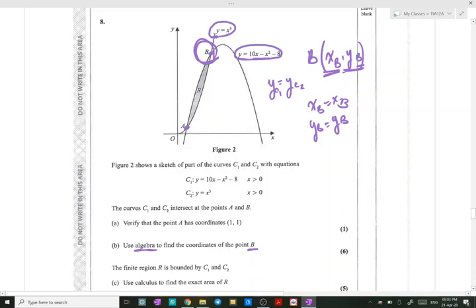It's the same concept as in part A, how we proved that A has (1, 1) for its coordinates.